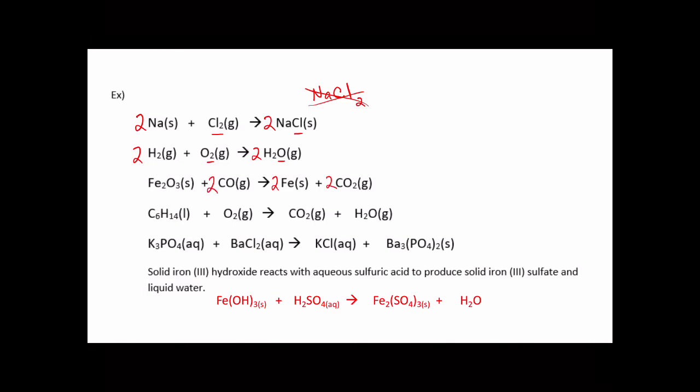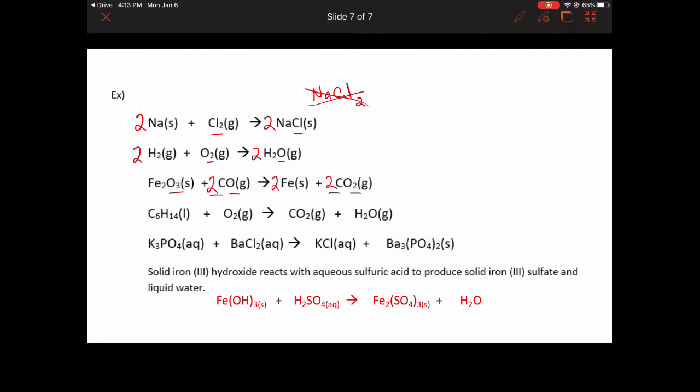So now I got to put a 2 there, and now at this point I would have 5 oxygens on the left, because I have 3 here plus 2 there, and I have 4 on the right. So that one's getting kind of tricky. So maybe we'll try this one over. Let me write it off to the side here.